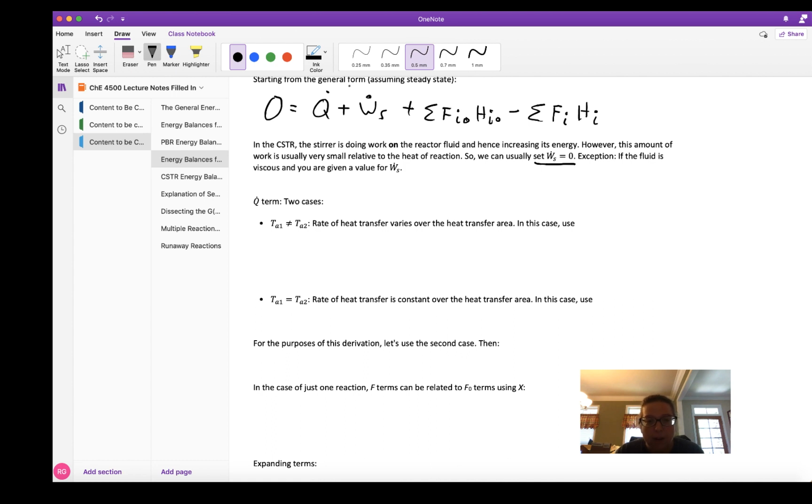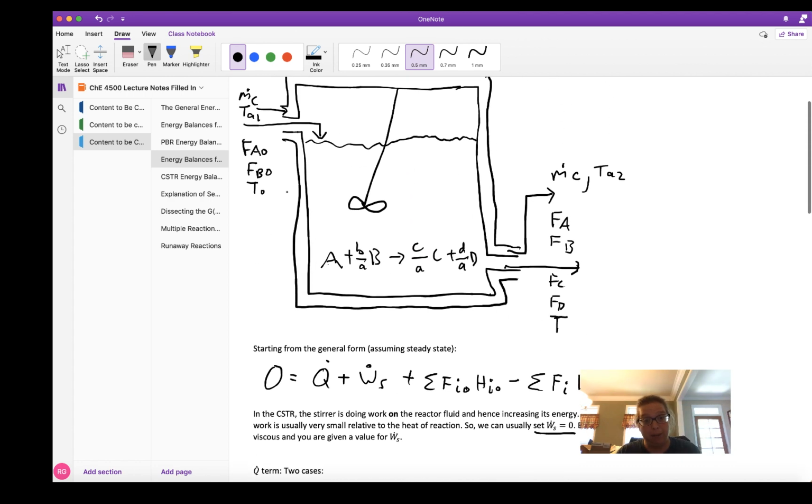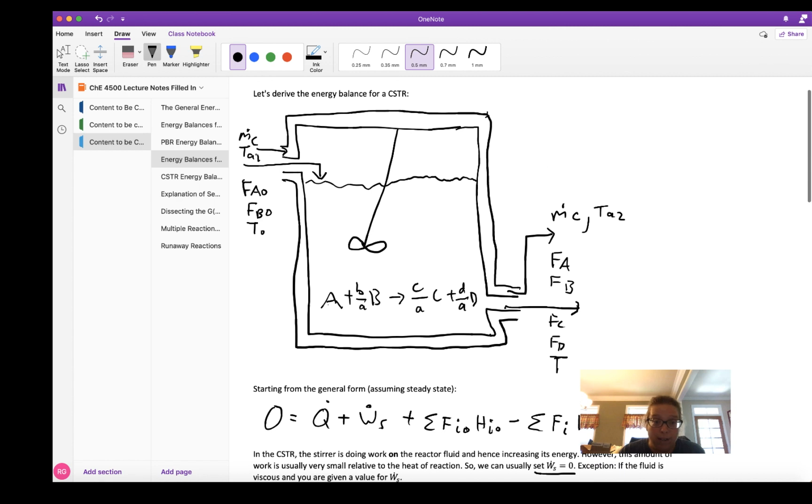Okay, so now my heat terms. So there's two cases that I can think of for my heat terms. So if I go back to my system, one case is that the temperature varies in this cooling fluid. So it comes in at one temperature, maybe a cooler temperature, and then it basically flows all the way around the reactor, and then once it exits, it's at another temperature, probably a hotter temperature.